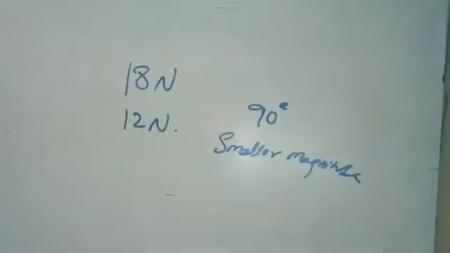I'll repeat the question. The sum of the magnitudes of two forces acting at a point is 18 newtons, and the magnitude of the resultant is 12 newtons. If the resultant makes an angle of 90 degrees with the force of smaller magnitude, what are the magnitudes of the two forces?